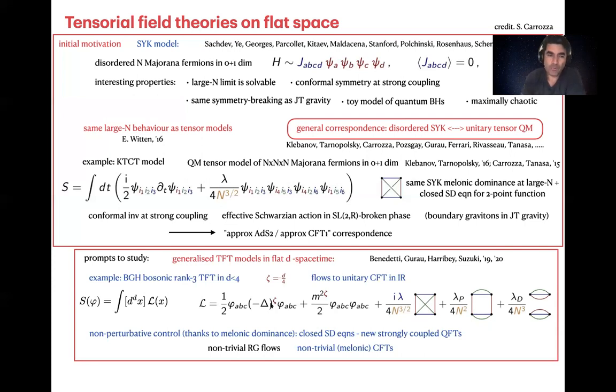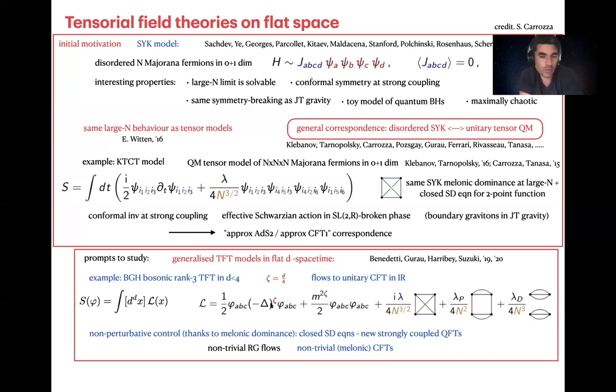And one example is the one reported here by Benedetti, Gurau, Harribey, and Suzuki. And you see you have a rank 3 tensor, with a dependence on d flat directions, local in such d flat directions, but maintaining the non-locality in the pairing of the tensor arguments with combinatorial patterns labeled by these bubble diagrams in the interaction terms.